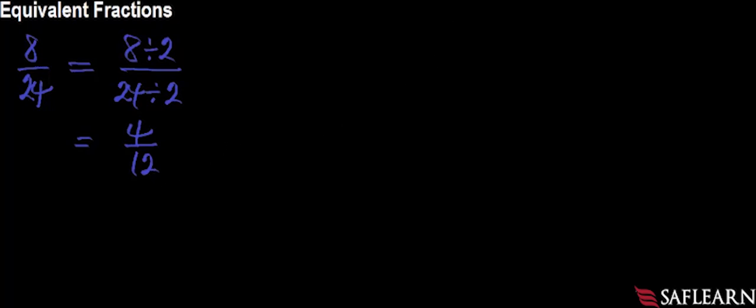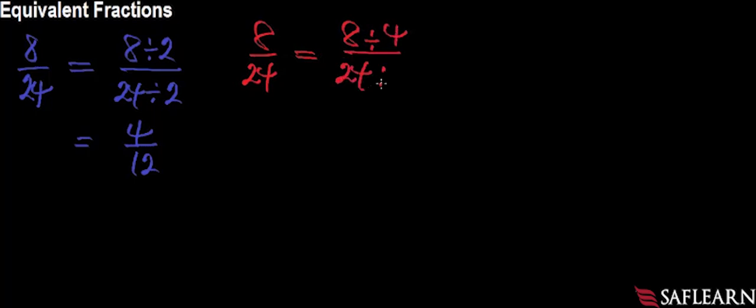Now, if we decide to divide the numerator and the denominator by 4, we're going to obtain 8 over 24 is equal to 8 divided by 4 over 24 divided by 4, and that is equal to 2 over 6. Okay, and then this time around we decide to divide both the numerator and the denominator by 8.